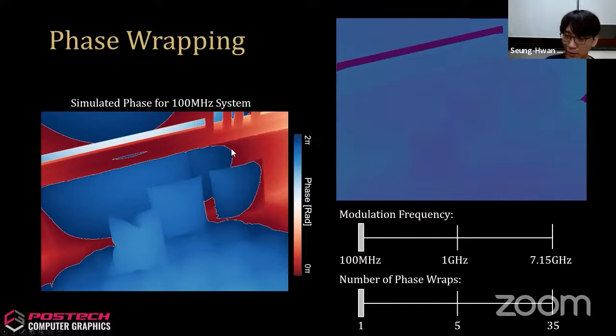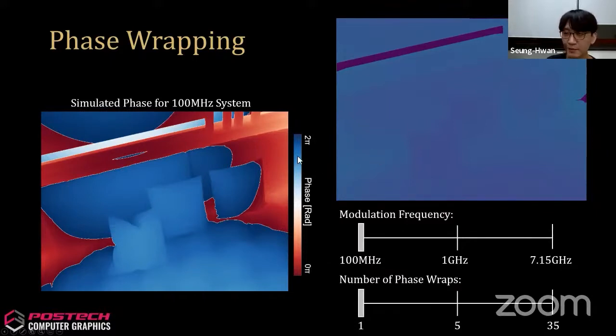Here, you're going to notice a clear boundary on this pillow and on the sofa between 2 pi and 0, just because there will be inevitable phase wrapping, because phase is only defined from 0 to 2 pi, okay? Then, in order to obtain accurate geometry from these phase shift measurements, you need to solve a phase unwrapping problem, which converts this into continuous depth information.